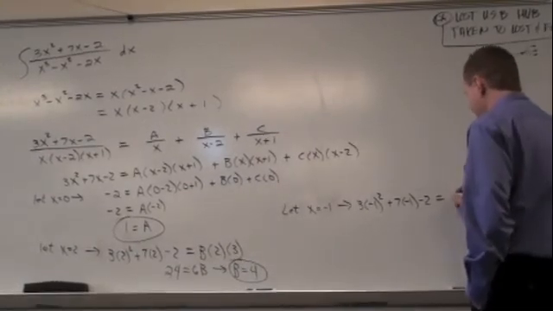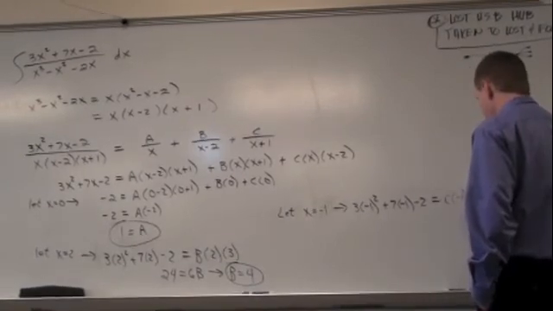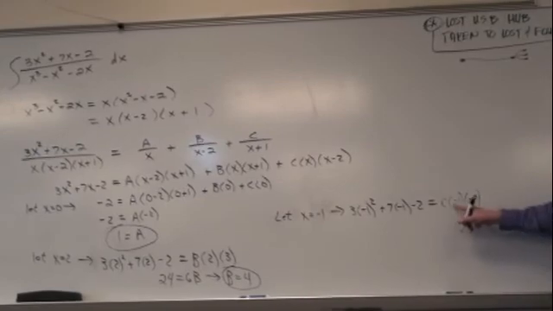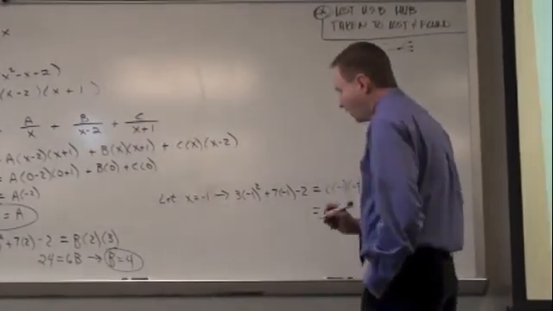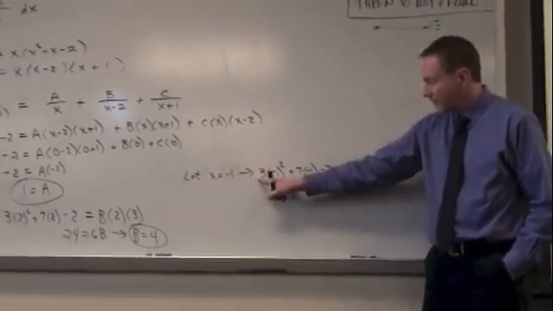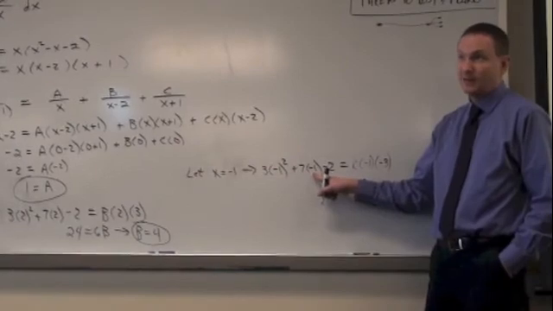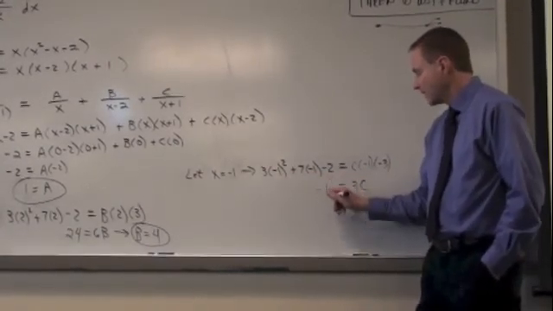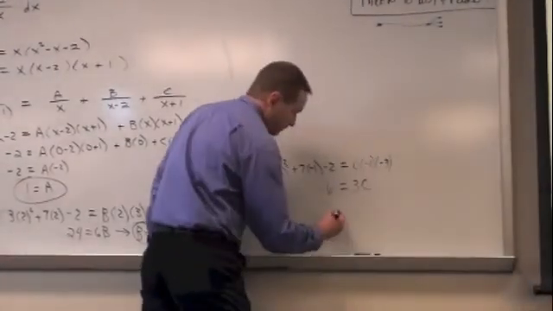And it'll be c times -1 times -3. So I will have 3c on the right-hand side. On the left-hand side, I'm going to have 3 minus 7. So that's 3 minus 7, -4. -4 minus 2, -6. Getting 3c is -6, thus c is -2.